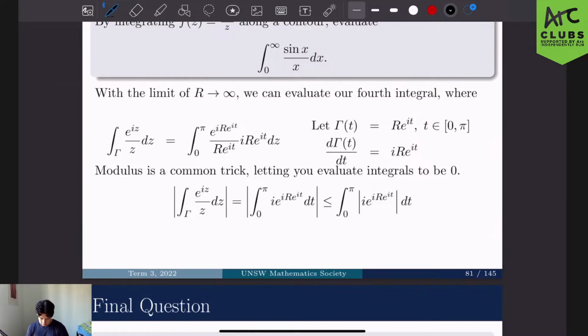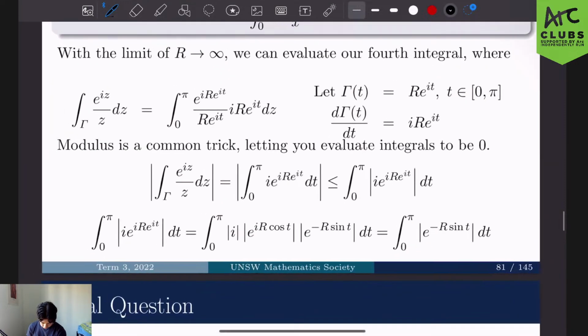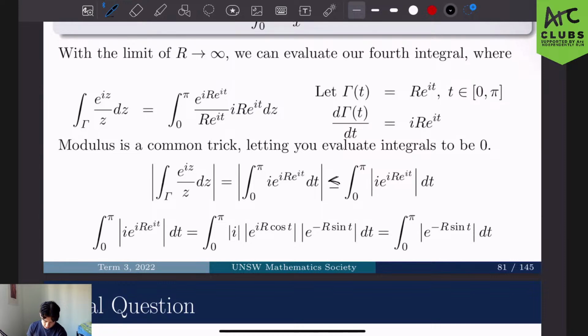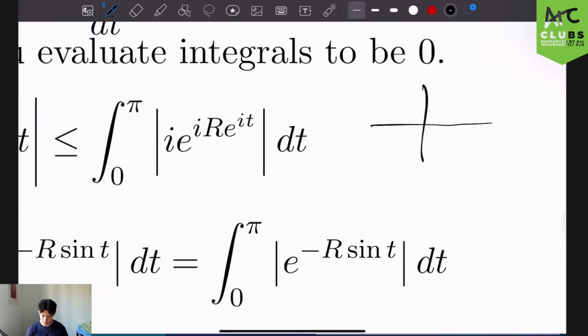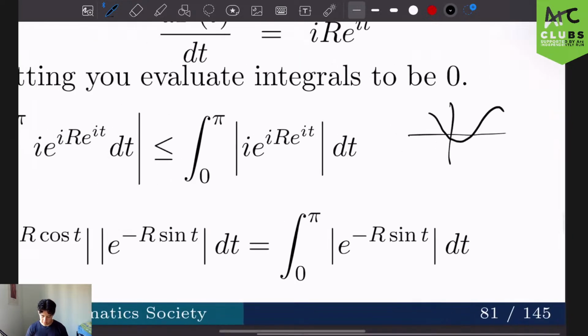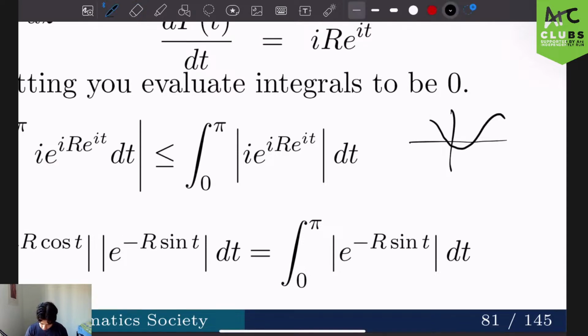We'll be taking the limit as r approaches infinity, and we'll use the modulus, because we remember this rule from before: the modulus of the integral is less than or equal to the integral of the modulus of the function. Imagine it was a real function; the modulus of the integral is going to be less than if you took the integral of the modulus, which would have this bit here. That's why that's true.